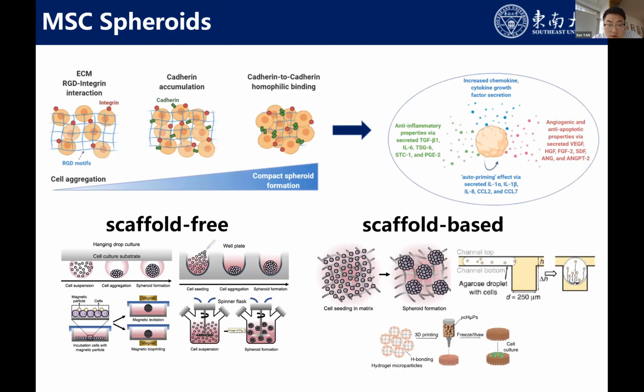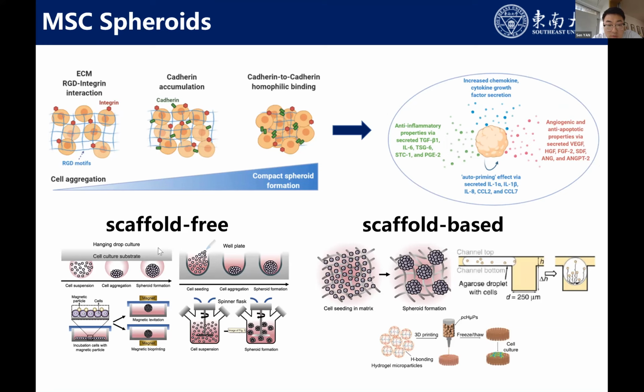In order to overcome these difficulties, MSC 3-dimensional culture technology, which we call MSC spheroids, can significantly improve different MSC functions due to cell-to-extracellular matrix interactions and cell-to-cell interactions.